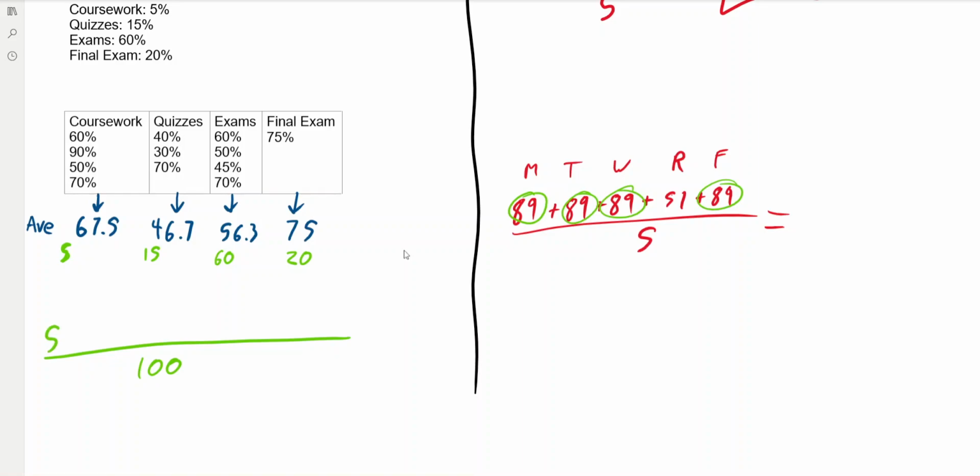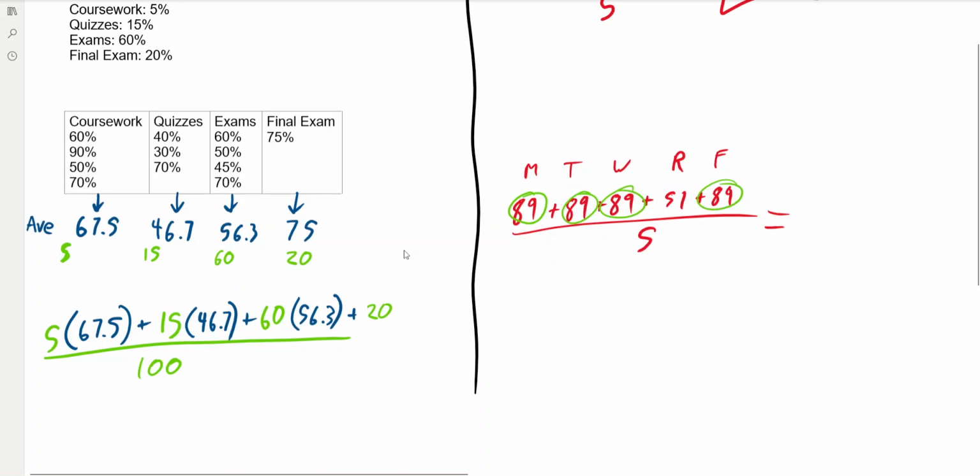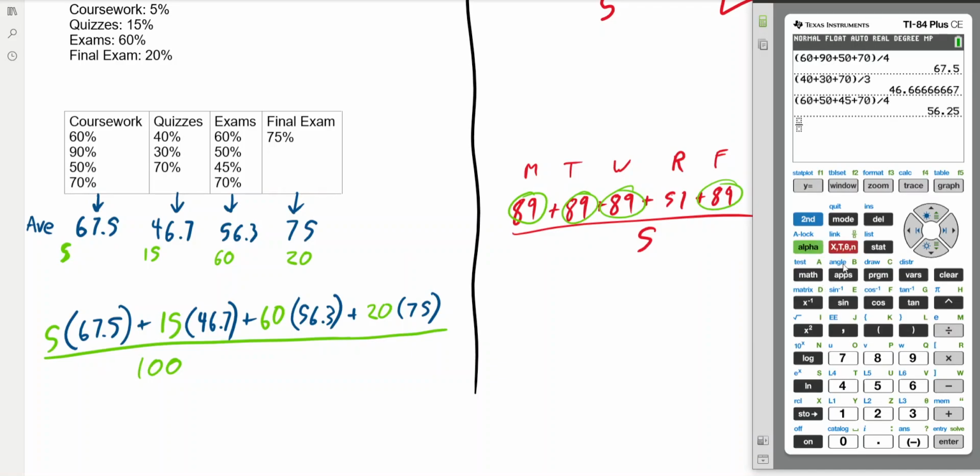So let's go ahead and write this all out very carefully. So you'll notice that we are breaking up each category and adding the category weighting to each of those. All right, so we have this now.